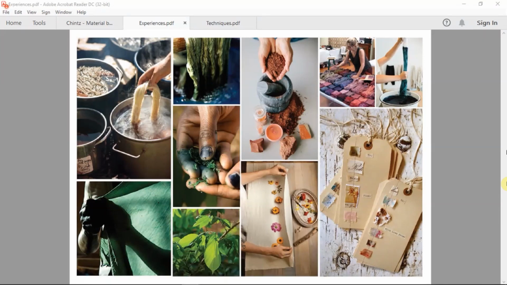Cloth painting through natural ingredients. Yes, this is about natural dyeing, using natural materials in your designs. So this is particularly about the experience in using natural ingredients in textile design.